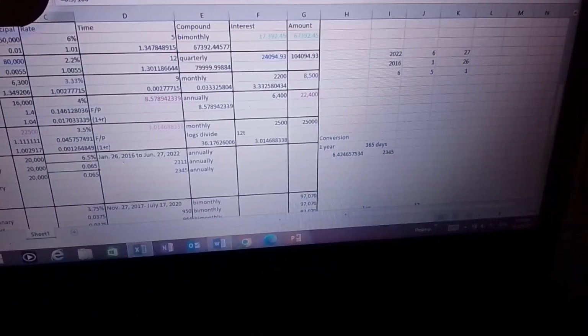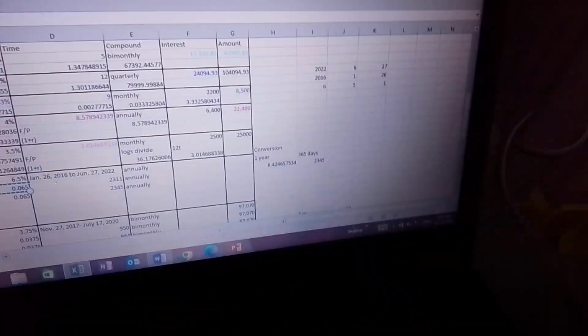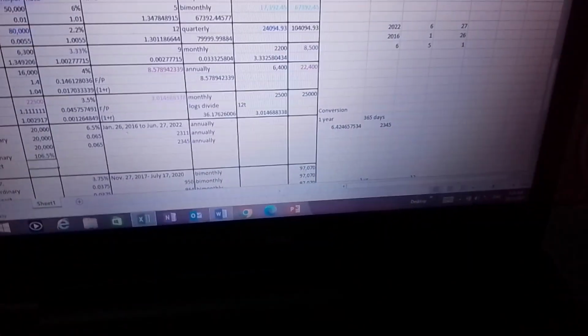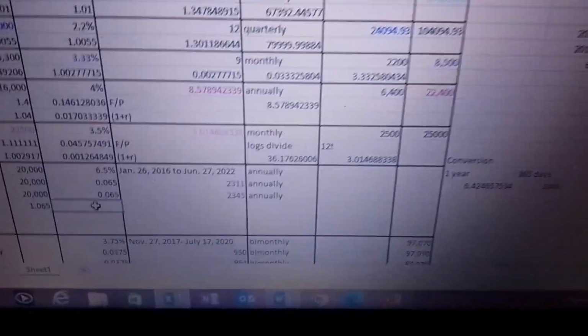Kasi nga this one, I divide it by 100. So therefore, this one plus 1. Pero I don't want percent. I want it in real number. So that's 1.065. And then this one, we raise it to that power.